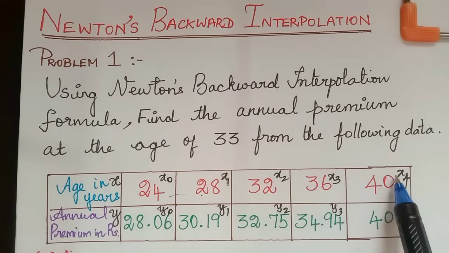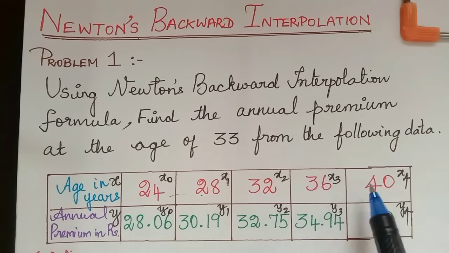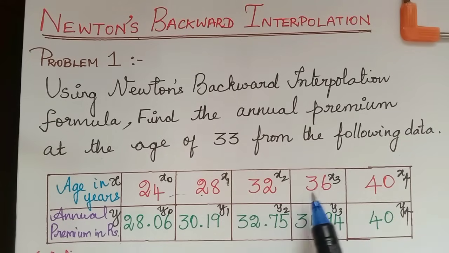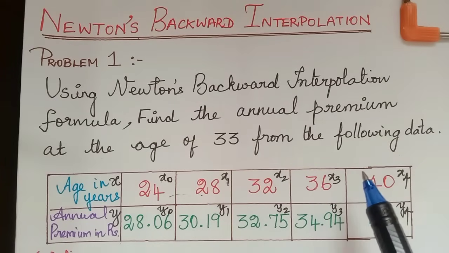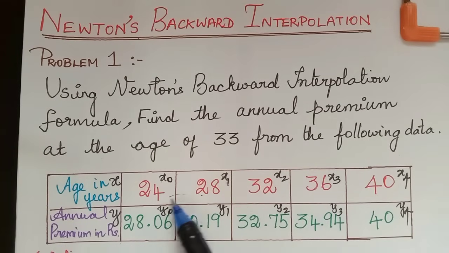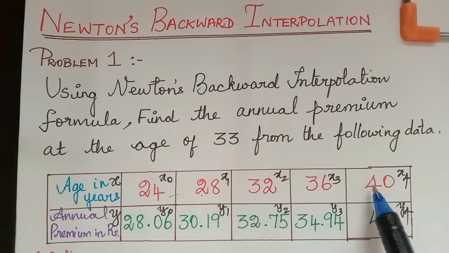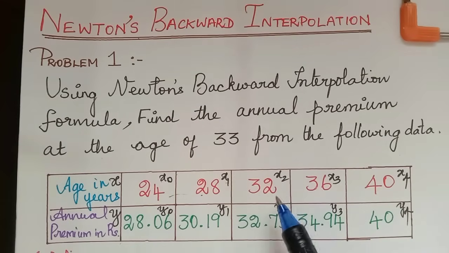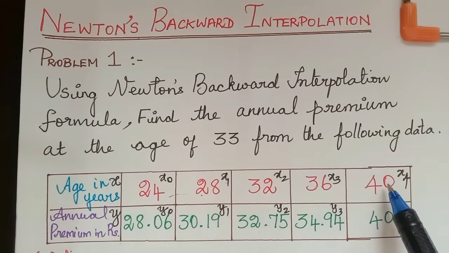And at last x4 minus x3, which is 40 minus 36, which is again 4. So we observe that all these values are placed in equal intervals, and the value of that interval is h, which is equal to 4. And if it is equal, then we have to use Newton's forward or Newton's backward interpolation formula.